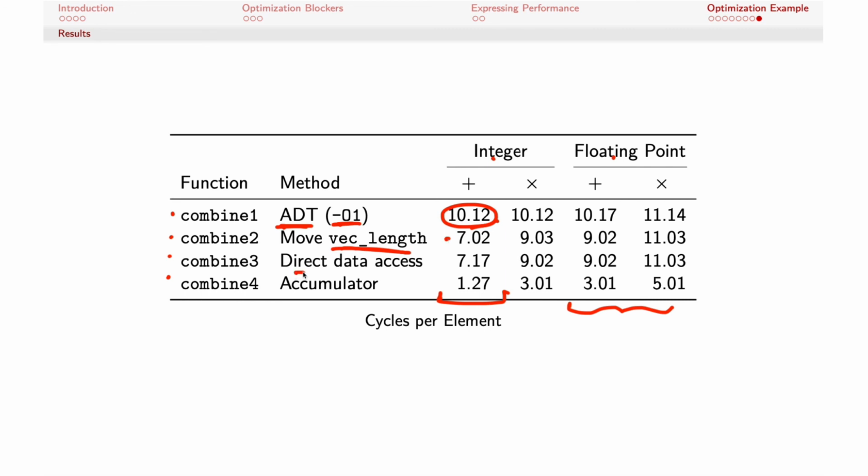Then the direct data access, this was dereferencing the underlying data pointer and using it directly in the main loop of the sum operation. That basically did not change the performance at all. You can see here in the other examples almost exactly the same. In the integer case here, it shows a slight increase in the number of cycles per element, so it's performing slightly worse. My suspicion is that that might have to do with just inaccuracies in the measurement of the performance.